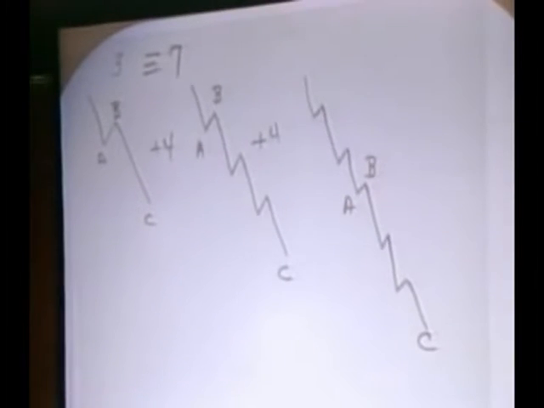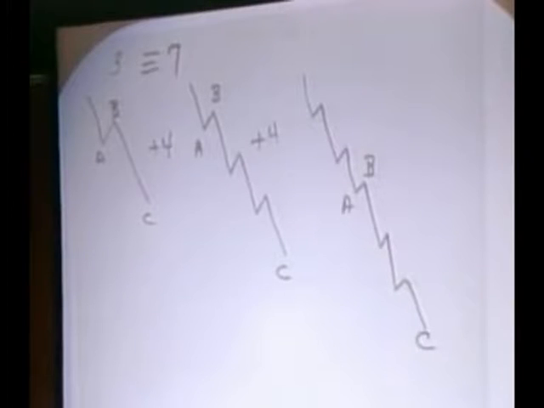Now what I've got is just back to the original definition of a simple zigzag, 5, 3, 5. As we looked at, what's the best way to do this? On page 217, this top chart.